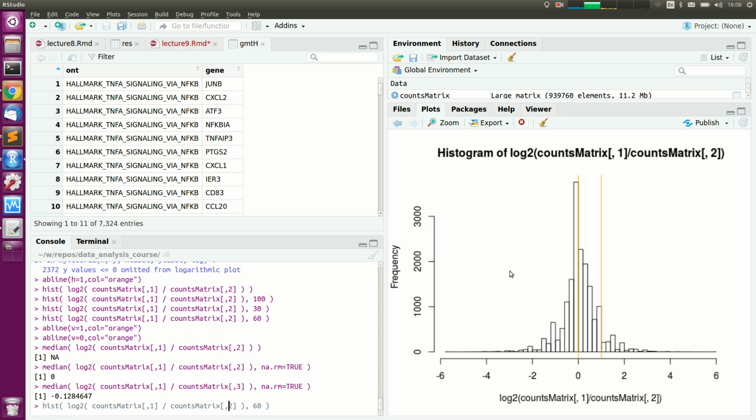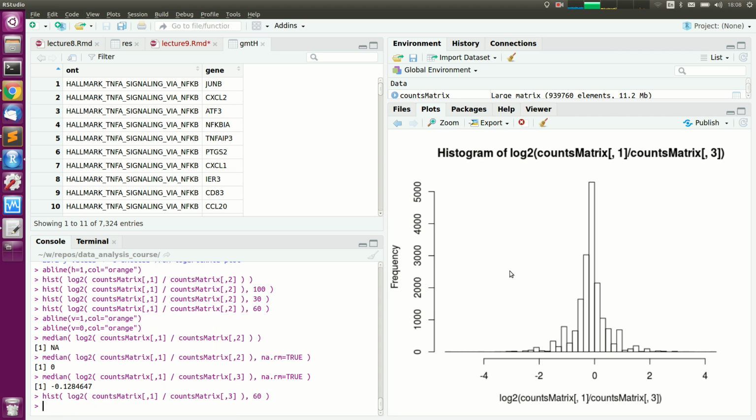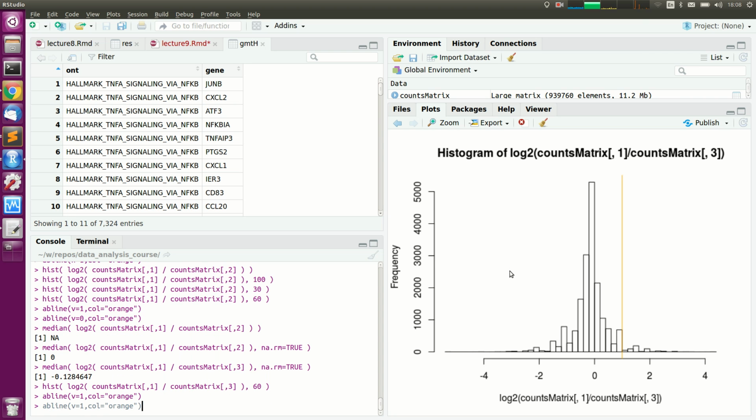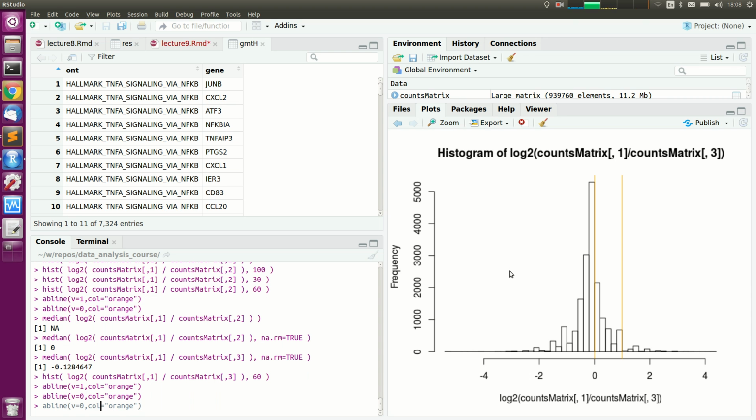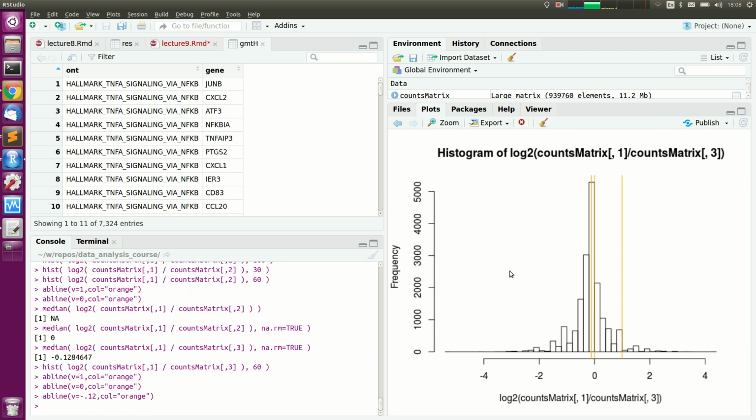Let me show you the histogram for the first against the third column, and there the line is at 0. If I now go a little bit to the left, then it goes through the median. And this is now what I do: I just divide all the columns of this third sample by 2 to the minus 0.12, and I get this. What's the logic behind it?